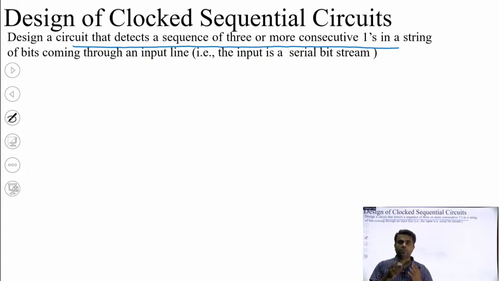As soon as 3 ones are detected, only then output will be high. Till the time 3 ones are not there, output will be low. So this is the given description.